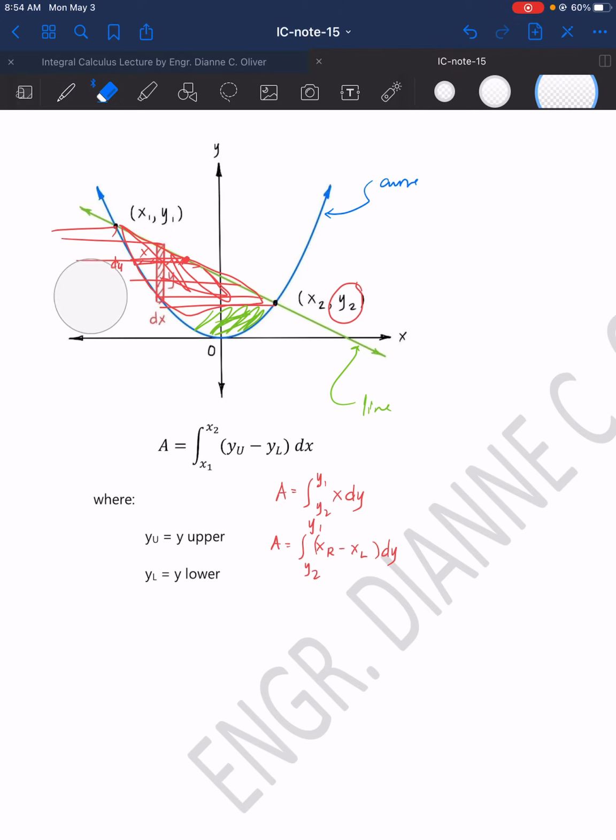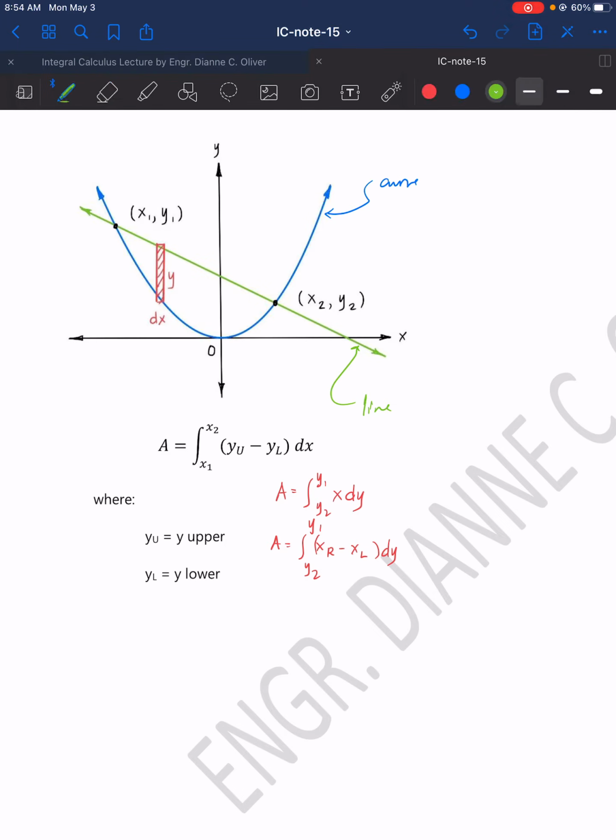There's another reason why we're not using the horizontal area strip here. If I continue the area strip here, there will be a horizontal area strip at this portion, dy.